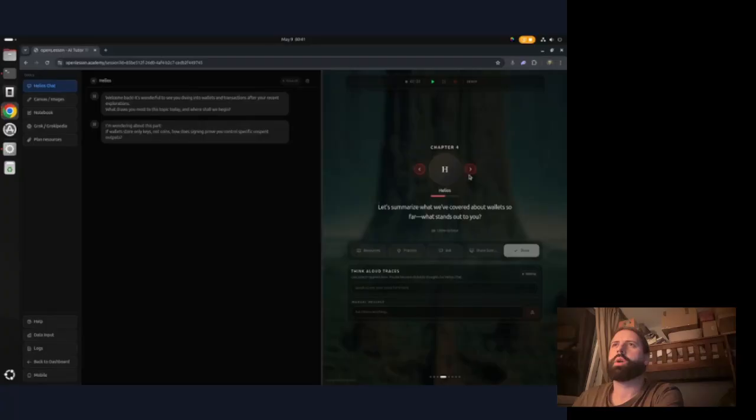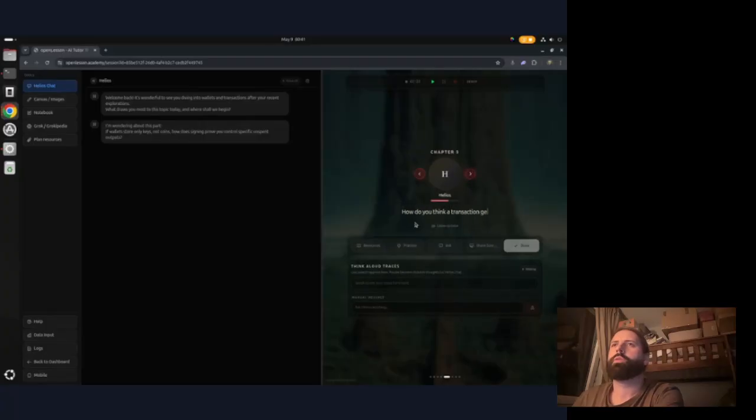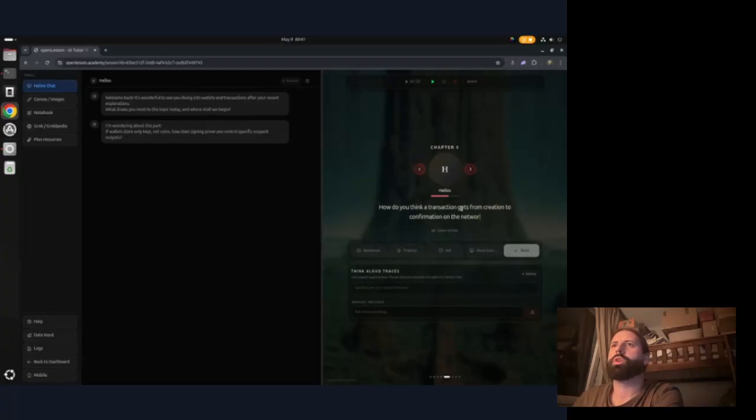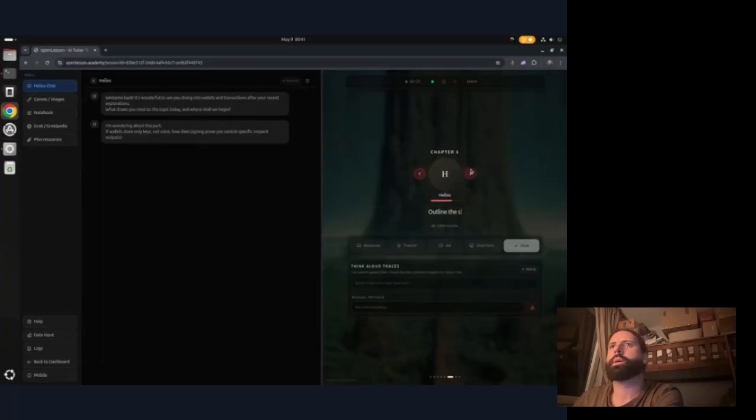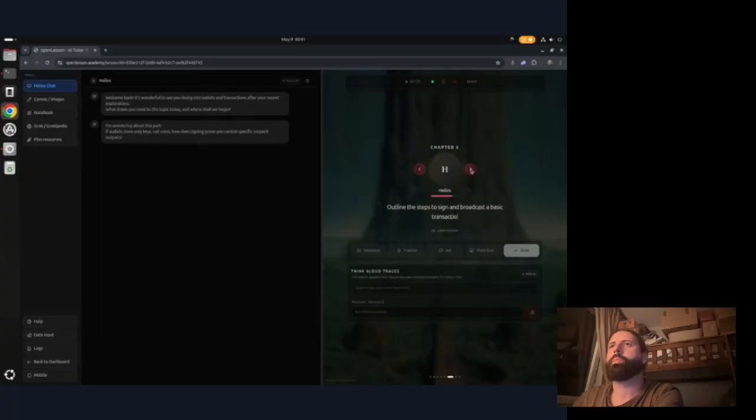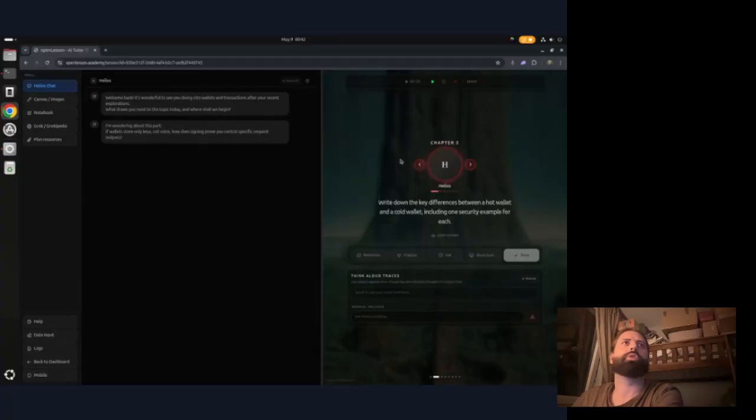Let's summarize how a transaction gets from creation to confirmation on the network. I mean, okay, this one could be useful. Basic transaction using a wallet. But somehow I'll get to these.